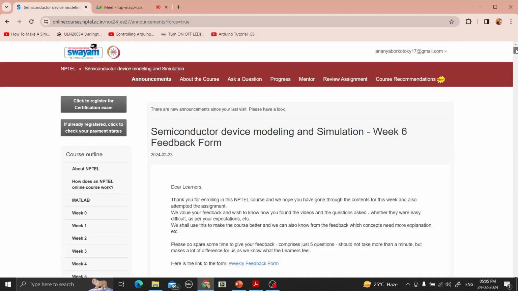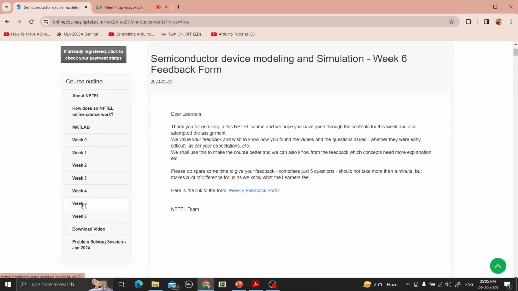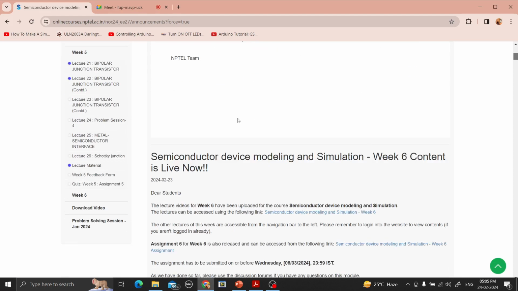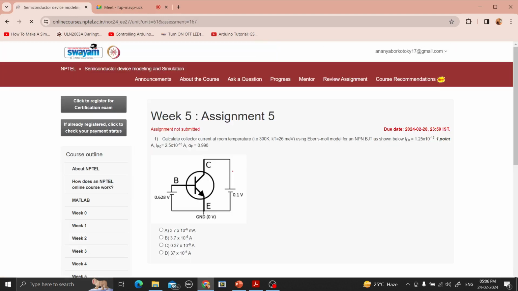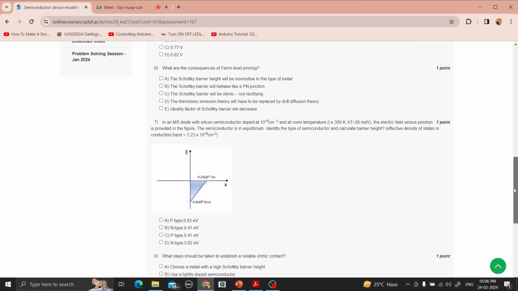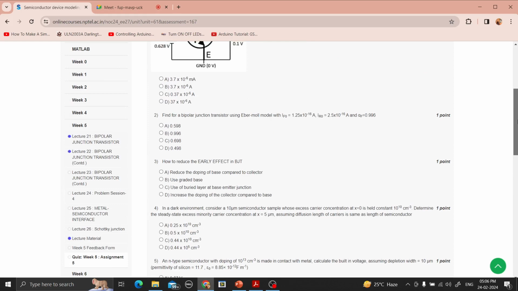What are we required to find out in this question? See, I'm not actually dealing with the assignment questions. Maybe you can post it in the discussion forum, so maybe they will be able to help you out because I'm not very sure about these questions.